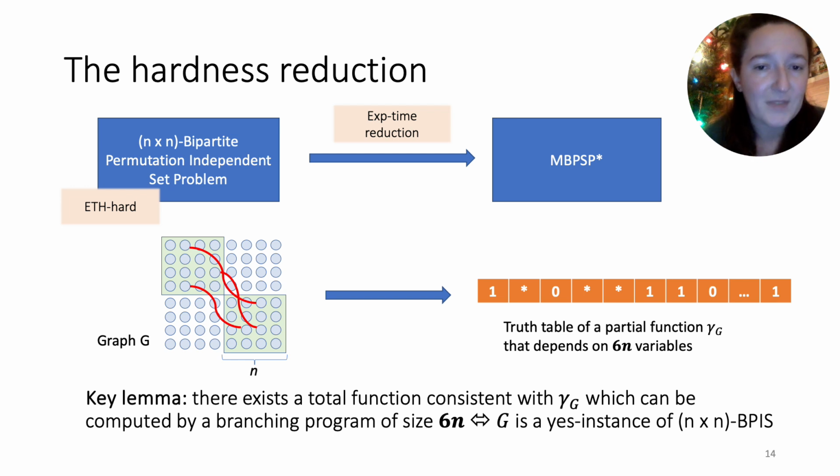Note here that we prove that this gamma G should be computed by a branching program of size exactly 6n, and the function itself depends exactly on 6n bits. So basically we either can construct a branching program that queries every variable at most once or not. This is the main intuition.